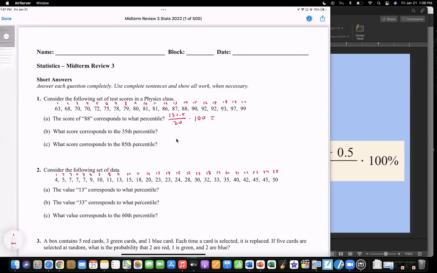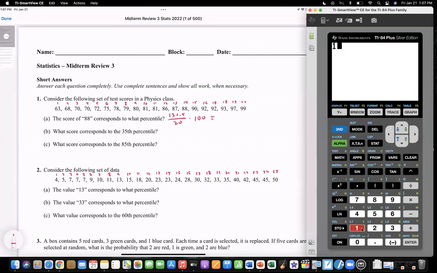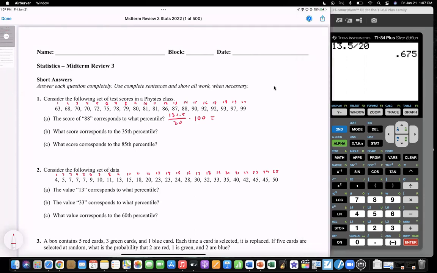So if I type that in the calculator, basically 13.5 over 20, and multiply by 100, just move the decimal, which is 67.5. So we don't really use 0.5 percentile, so we'll say about the 68th.